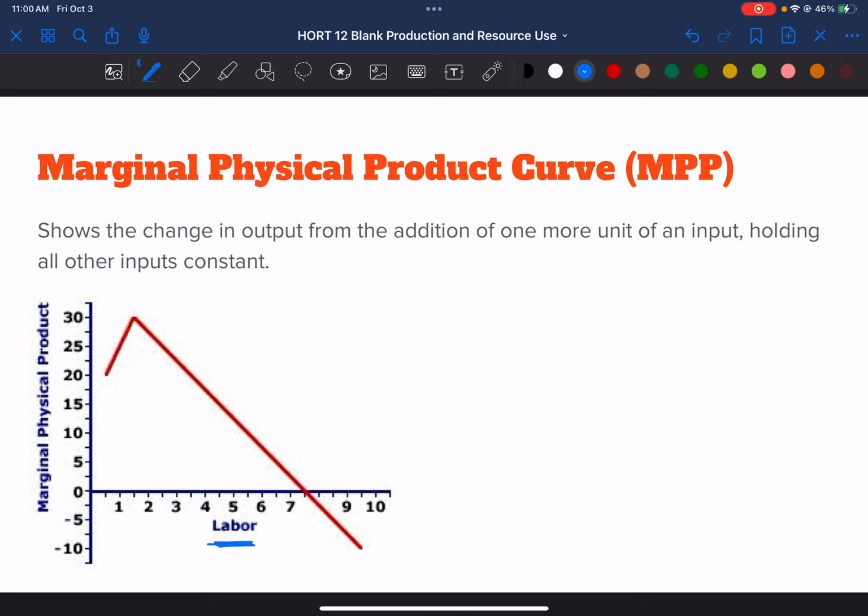So MPP is equal to a change in output over the change in an input. So it's the increase that you get in output by adding one more unit of an input.